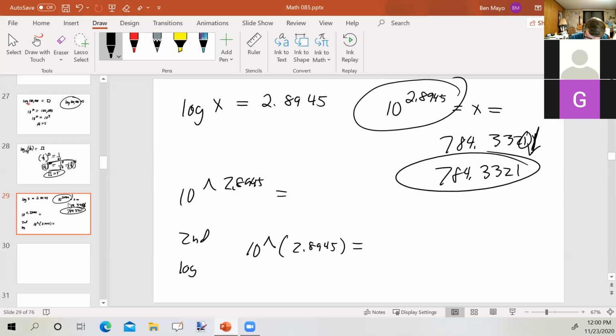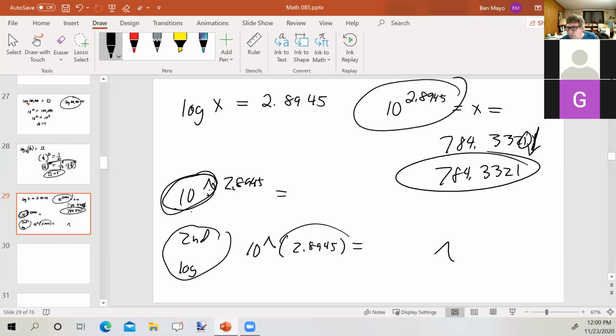Actually, with the first way you'd have to push the 1, then the 0, then the caret, so that's 3 keystrokes. My point is, it's not a big deal which way you go. If you use the 10 to the x button, that's the second function key of log, or just the 10 with a little caret button. They both work.